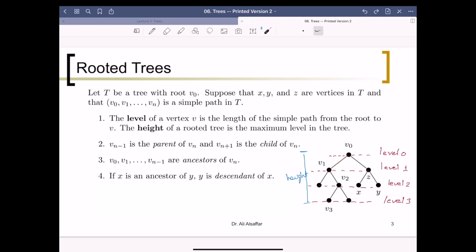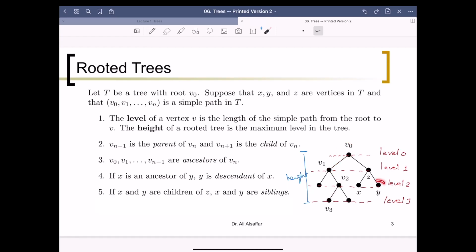These are like the grandfathers of a person in a family tree. Now, if you look at it from the root V0, the vertices V1, V2, up to V3 are like grandchildren, and they are called descendants. So V3, V2, V1 are descendants of V0.